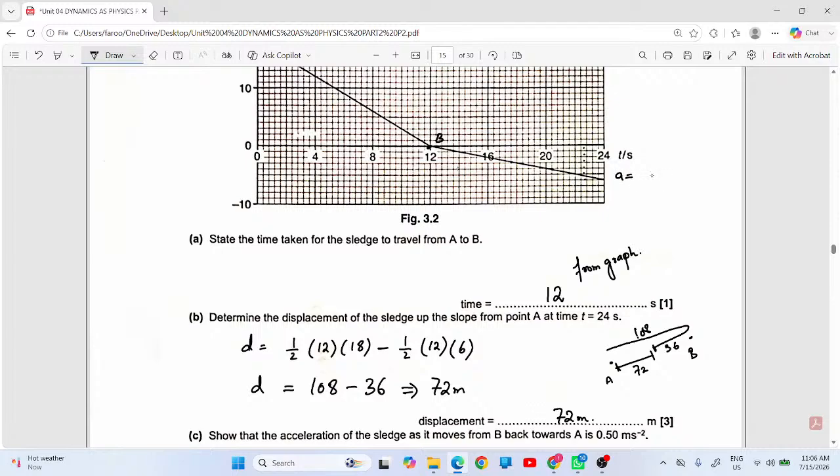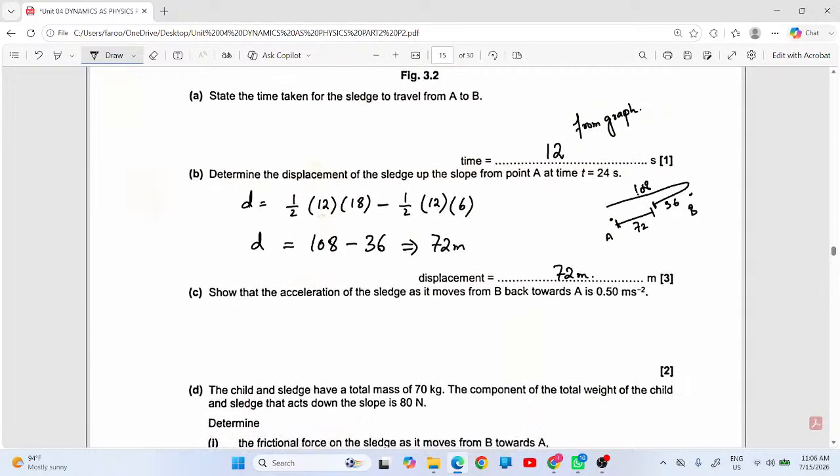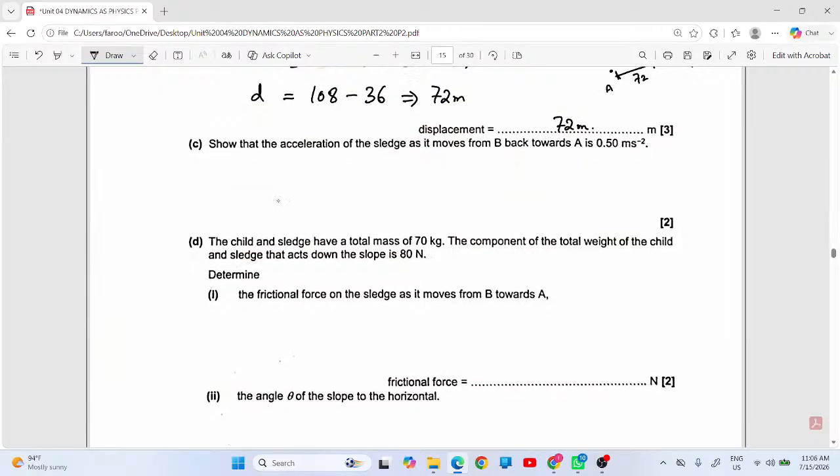Acceleration equals (v minus u) divided by time, 6 minus 6, 0 divided by 12, so 0.5. तो acceleration दोबारा लिख देता हूँ, minus 4... answer is equal to 0.5 meter per second squared.